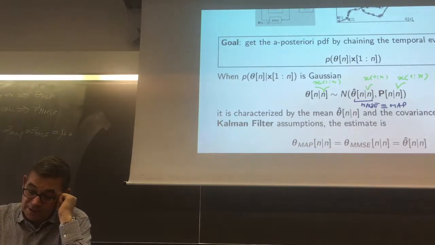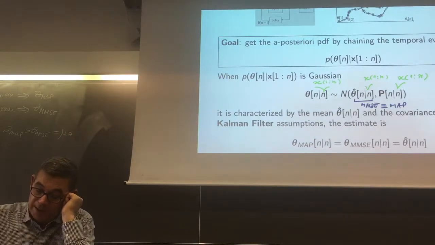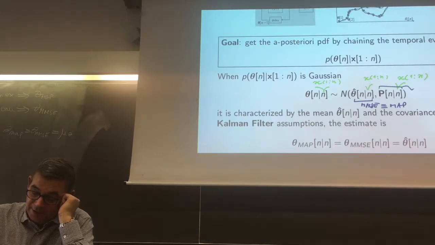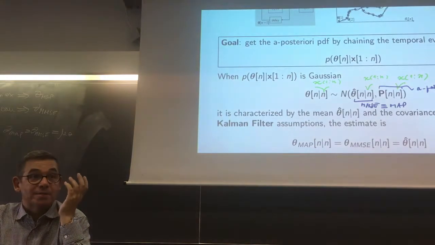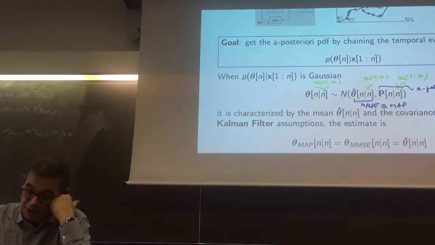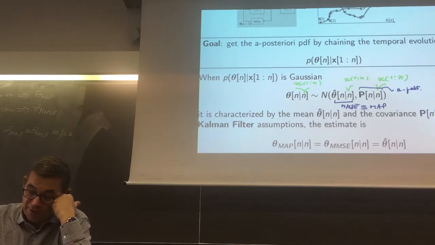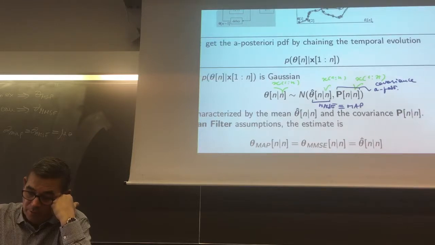And what is this P theta n given n? This is the a posteriori covariance. So this is the covariance for the a posteriori PDF, which is Gaussian.